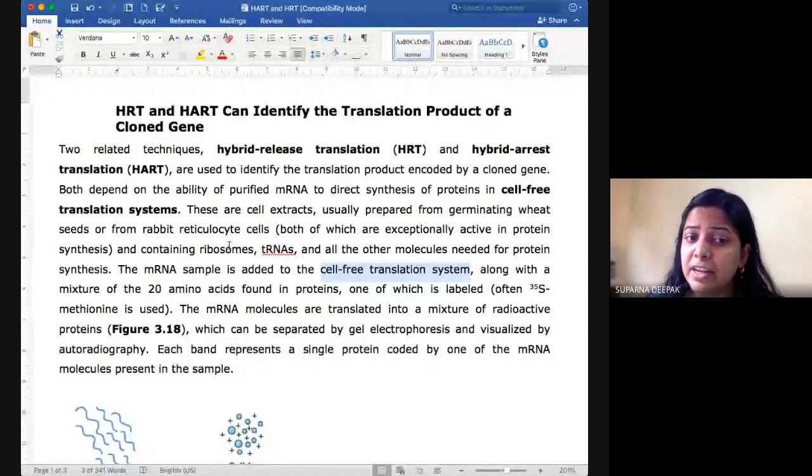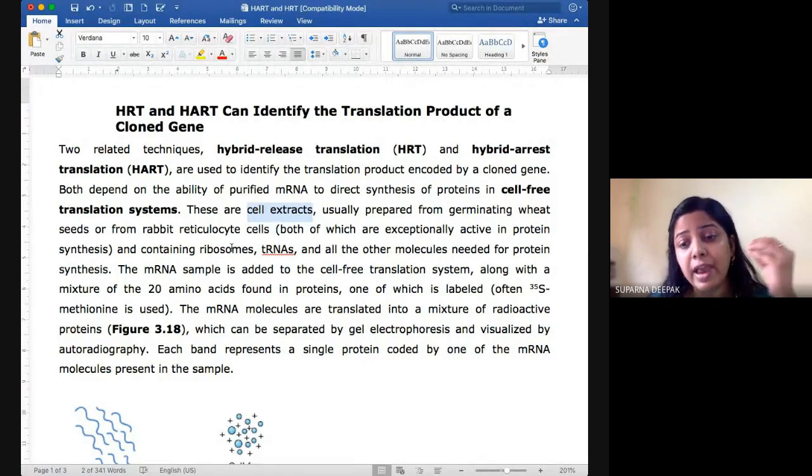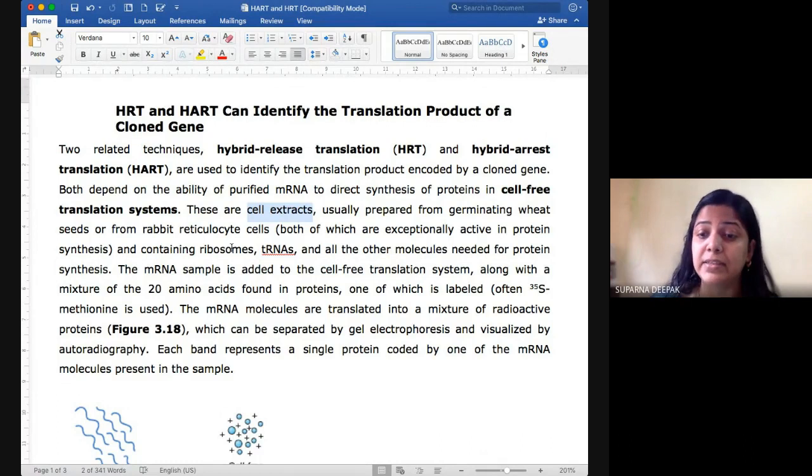The cell-free translation system includes the cell extracts from germinating wheat seeds or rabbit reticulocyte cells. Your mRNA from these recombinant cells is going to be placed in the system, along with 20 amino acids, which are the ones found in proteins.